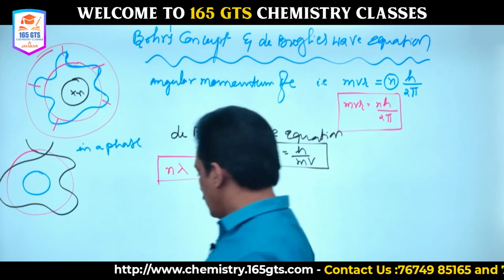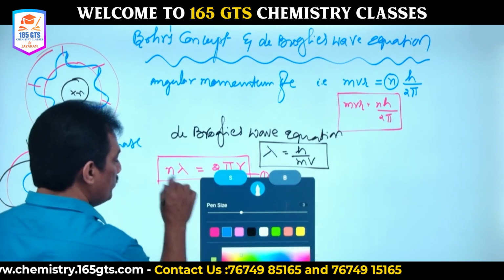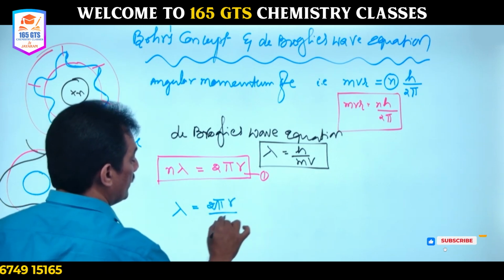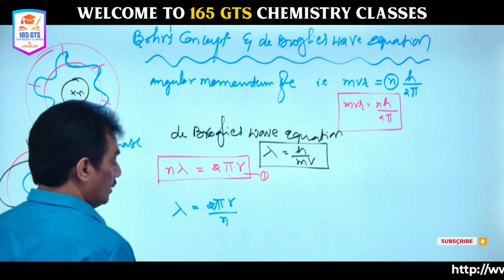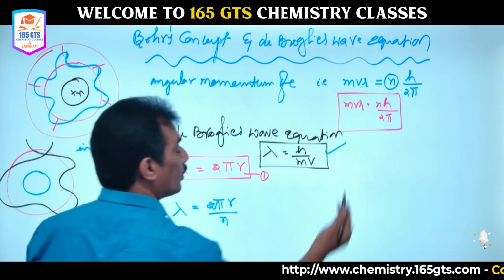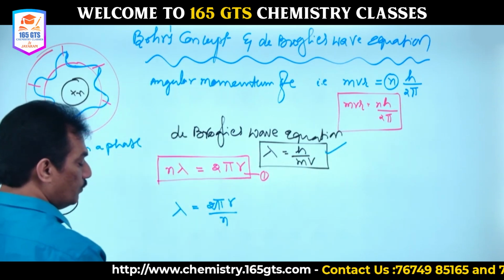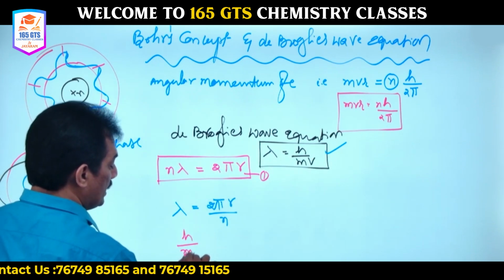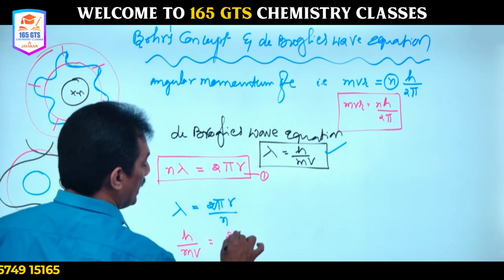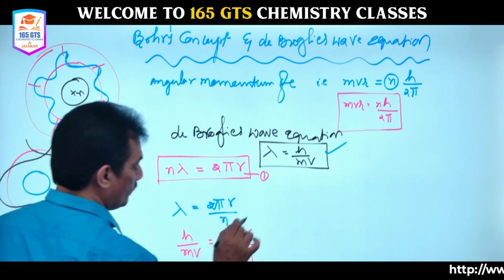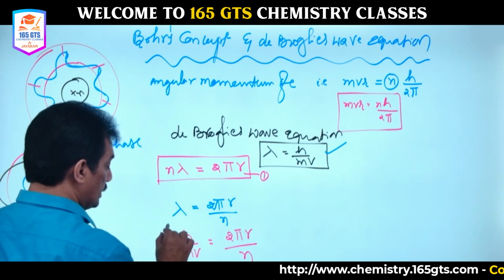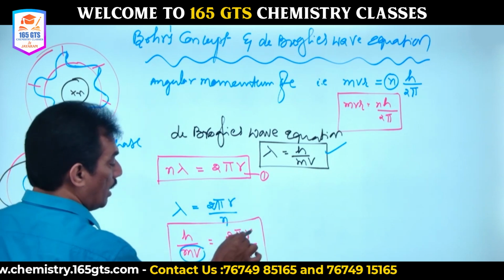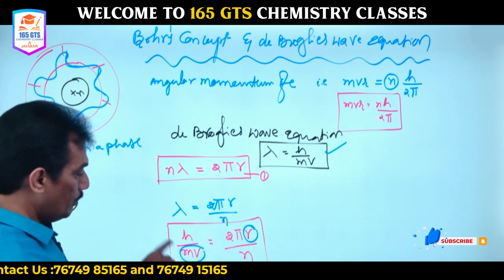Now from n lambda is equal to 2 pi r, we can write lambda is equal to 2 pi r by n. But already lambda is h by mv, as proved. So we can substitute that value in this equation, getting h by mv is equal to 2 pi r by n. On rearranging, let me put m, v and r on one side and the remaining on the other side.